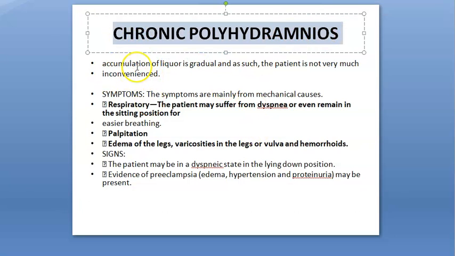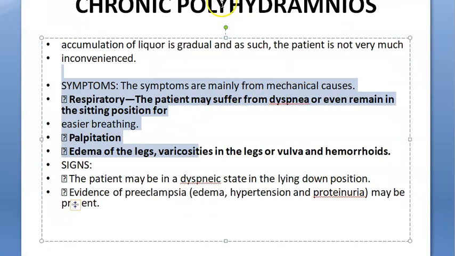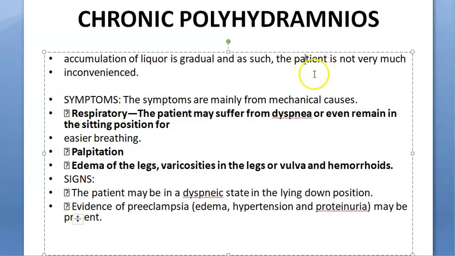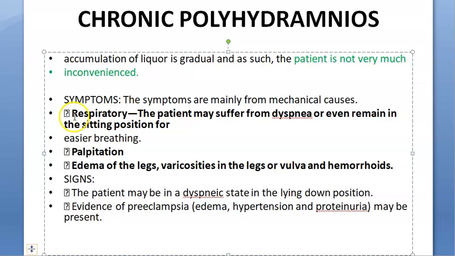Chronic polyhydramnios, what is there here? The symptoms that she will come with. Sometimes it can happen that the patient is asymptomatic. The patient is not very much inconvenienced. Okay, she's fine. She can have dyspnea, respiratory problems, because she has a huge abdomen, isn't it?